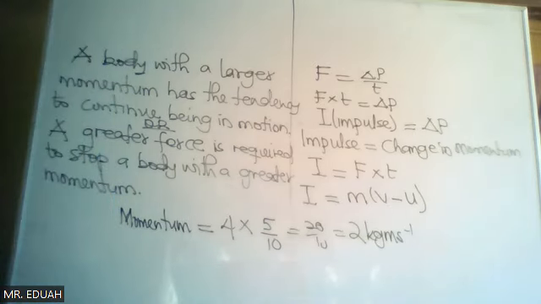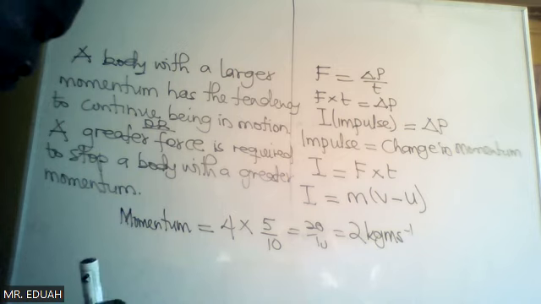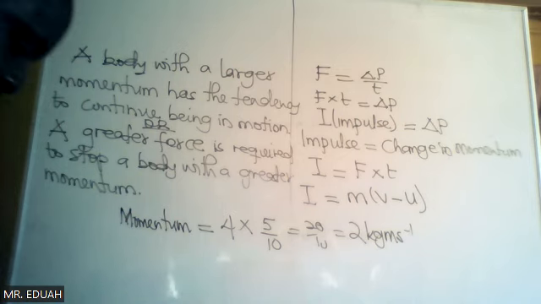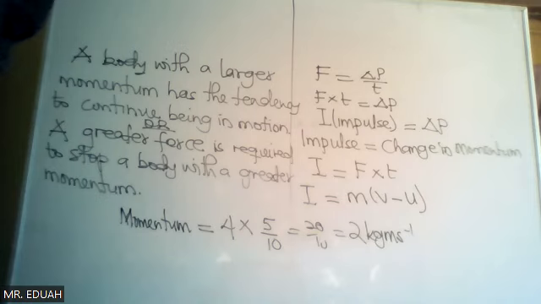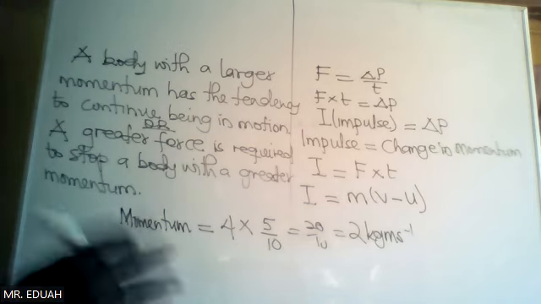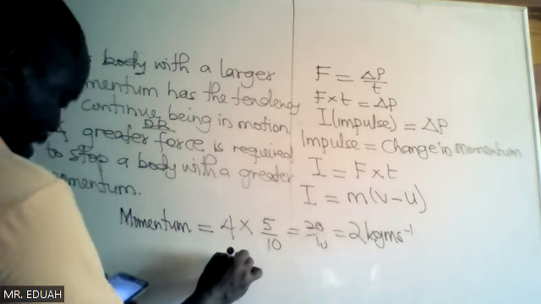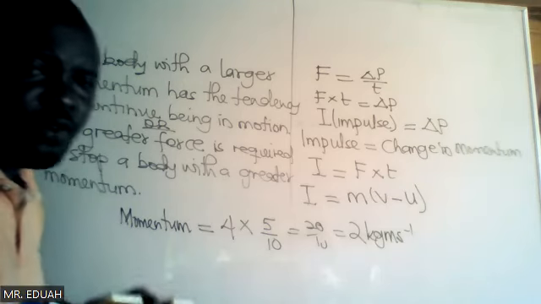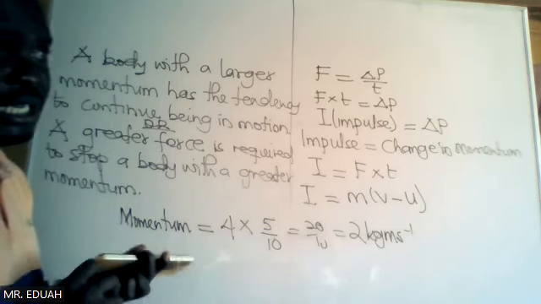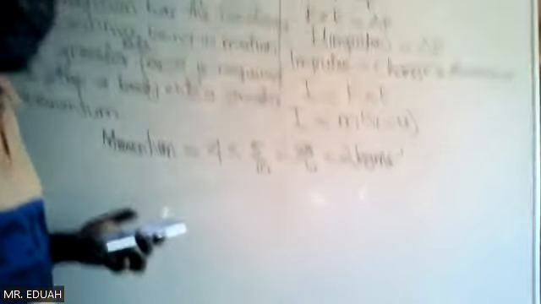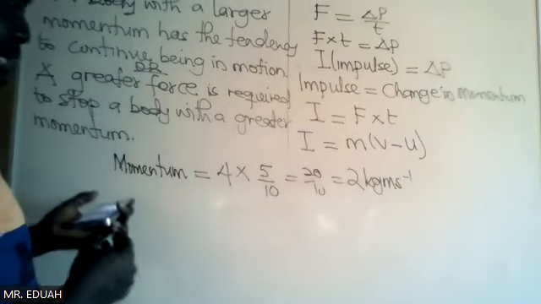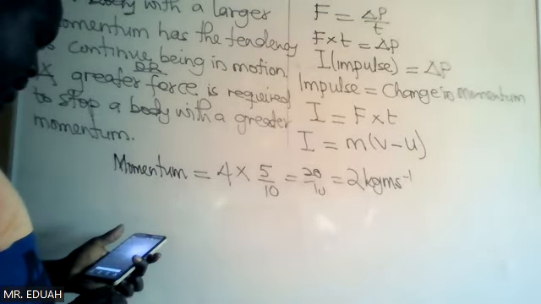The second question. The momentum of an 80 gram mass with a velocity of 6 meter per second. You see, over here, we must change the mass into kilogram.